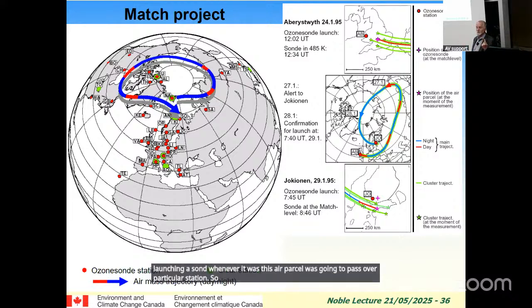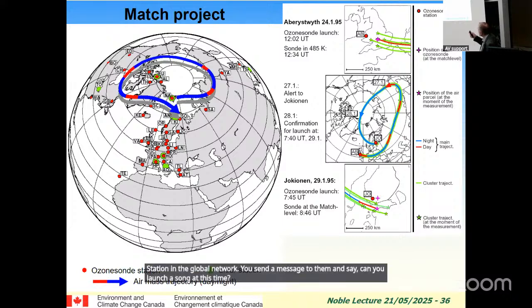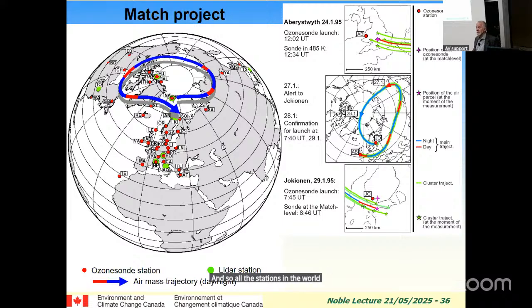So you have an initial sonde, and then you follow that air parcel, and when that air parcel passes over another station in the global network, you send a message to them and say, can you launch a sonde at this time? And so all the stations in the world were coordinated.